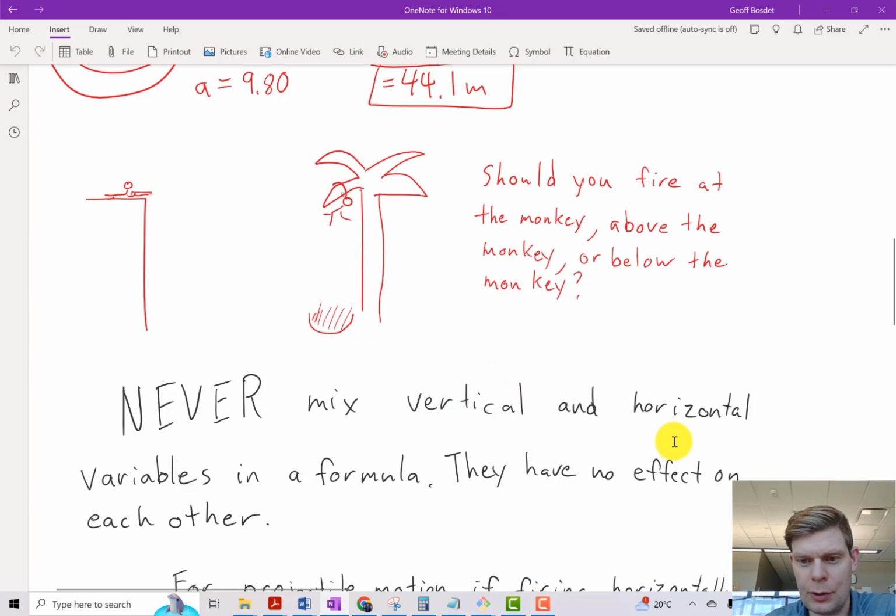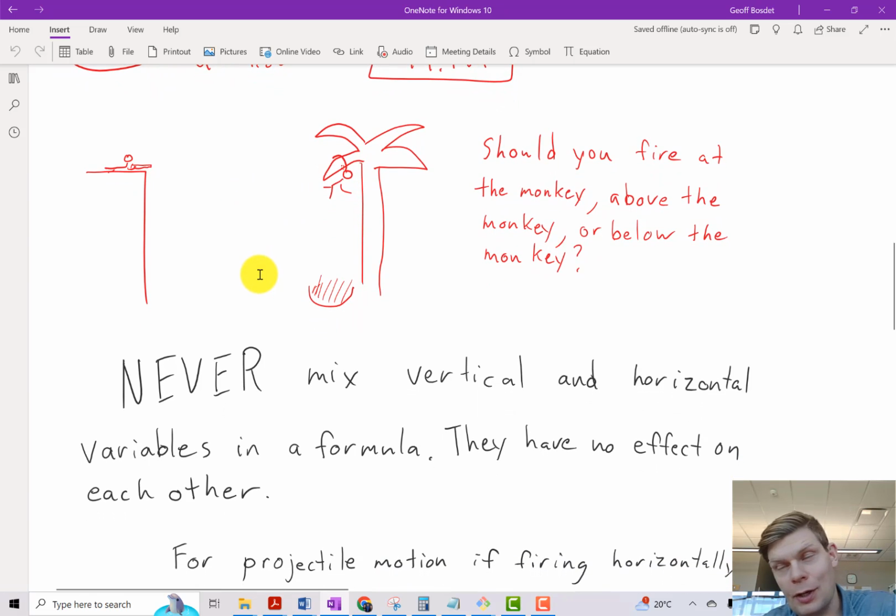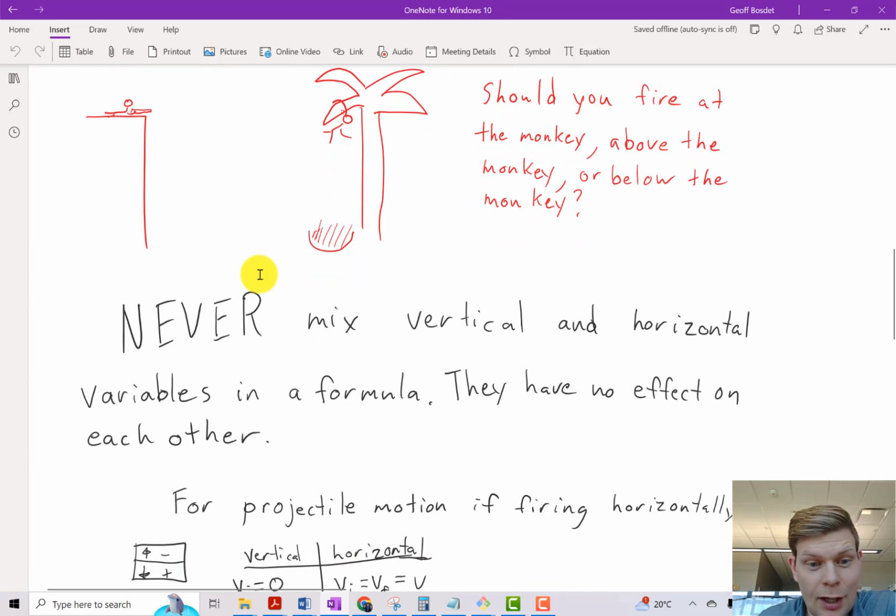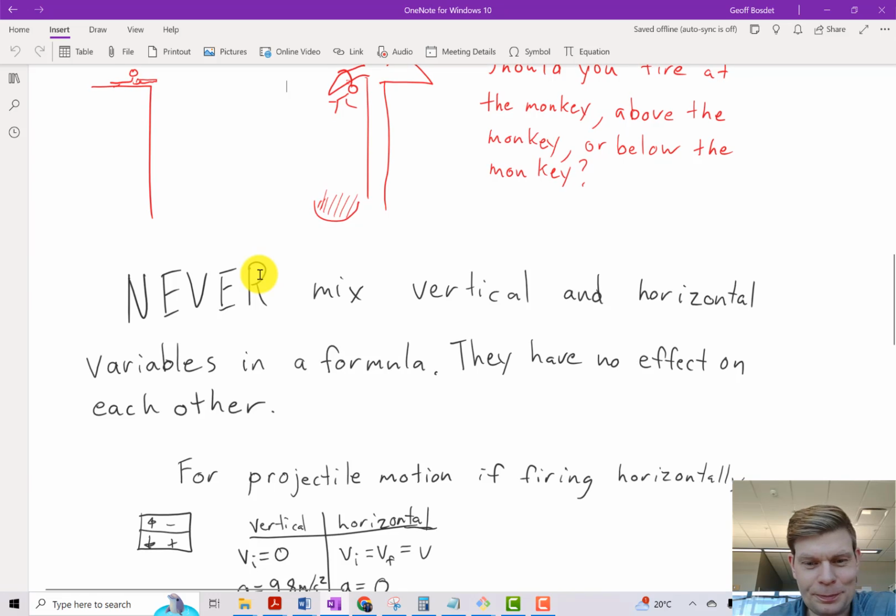So vertical doesn't affect horizontal, horizontal doesn't affect vertical. So regardless of your initial horizontal velocity, that will have no effect on how it falls vertically, unless it's shaped like a wing or something. But we won't go into that too much. Don't need to get into lift.